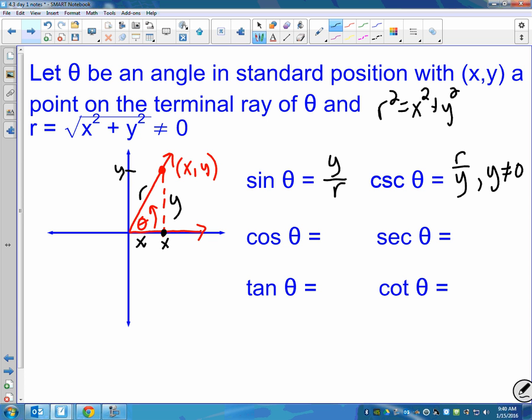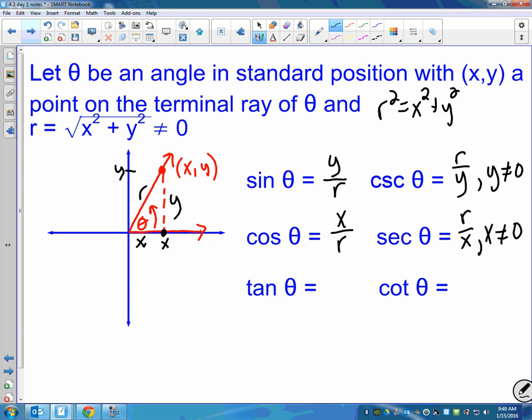Cosine. The cosine of this angle will always be adjacent over hypotenuse, but in the coordinate plane, that will always be the x-coordinate over r. Which makes secant r over x, where x cannot equal 0. So again, secant can be undefined, cosine can't be undefined. Cosine is a nice continuous function, always defined.